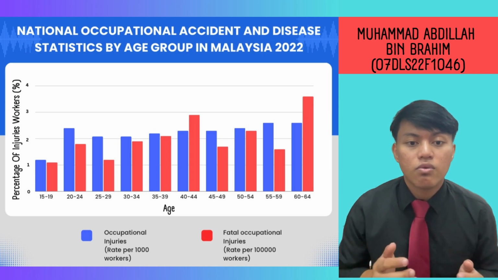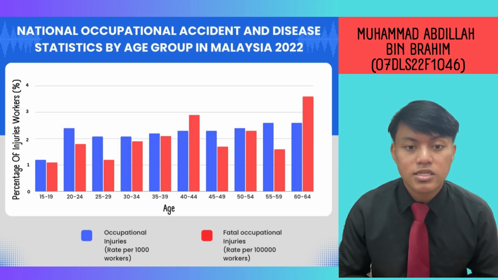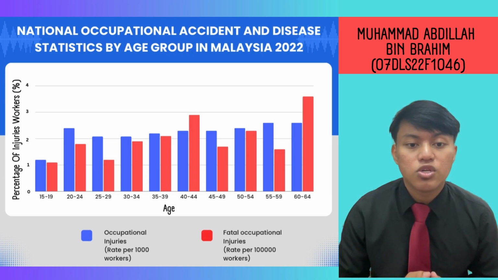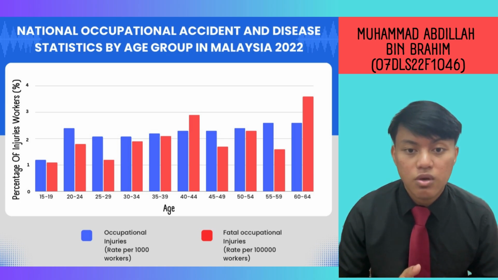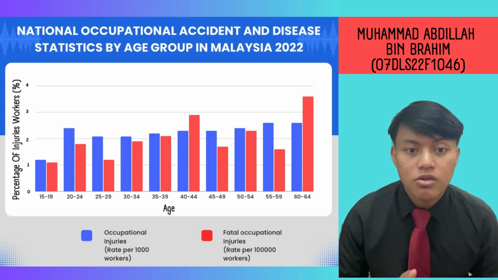Okay, now I will discuss the national occupational accident statistics by age group in Malaysia. The lowest percentage for the occupational injuries is at 1.03%, which is the group from age 15 to 19 years old.